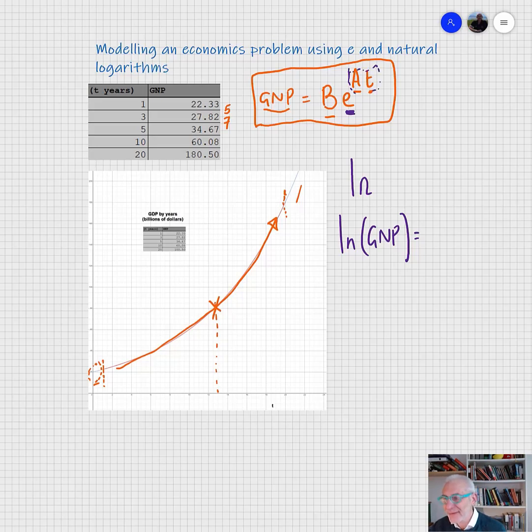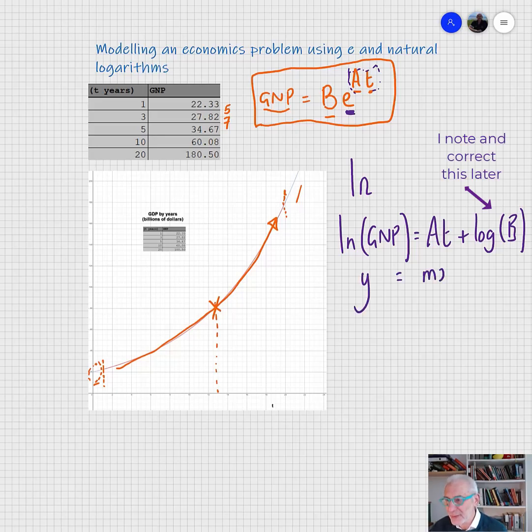So we're going to have a t, that's the logarithm of e, and then we're going to add to that whatever the logarithm of the b function is. And you can see straight away that this is in the form y equals mx plus c. We have a linear function now. So what we need to do is to plot that on a graph and come up with some answers.